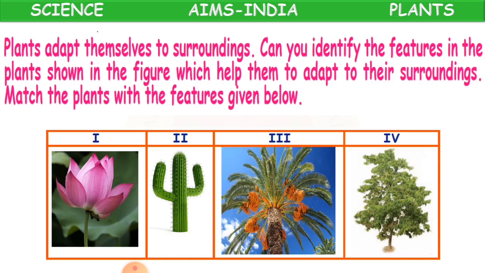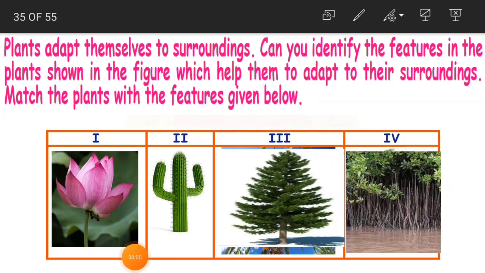And here, children, plants adapt themselves to their surroundings. Can you identify the features in the plants shown in the figure which help them to adapt to their surroundings and match the plants with the features given below? See children, here you have different types of plants: a lotus plant, a cactus, a pine and a mangrove plant.